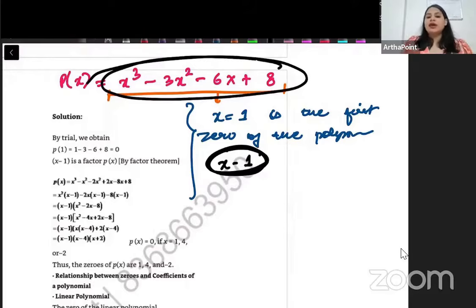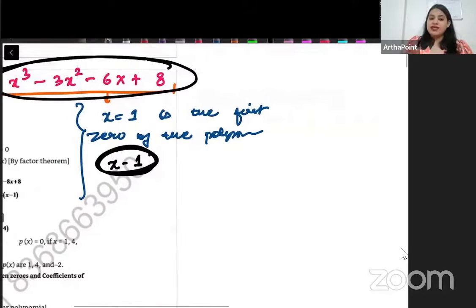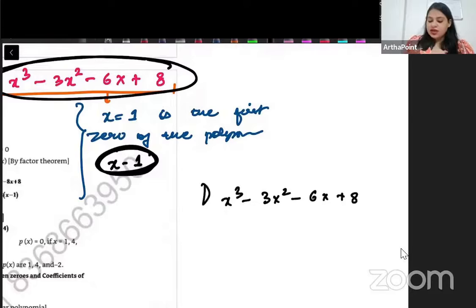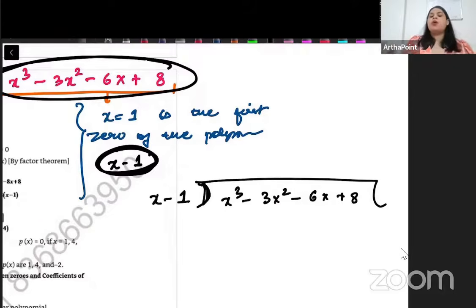So beta, you will go ahead and divide x cube minus 3x square minus 6x plus 8 by x minus 1.